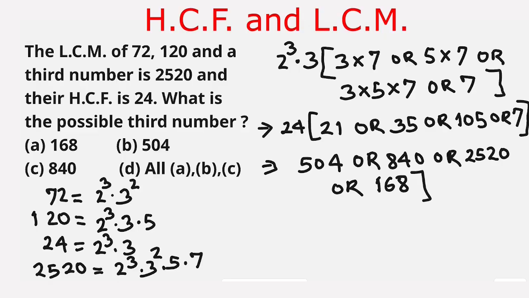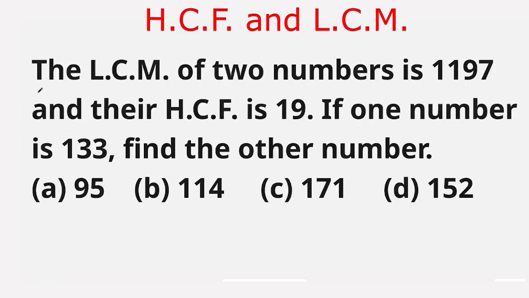So our answer must be either 168 or 504 or 840, which are option A, B and C, and D contains all these three options. So our answer is option D, all A, B and C. I hope you have understood the method of solving such type of questions. We go to the next question.